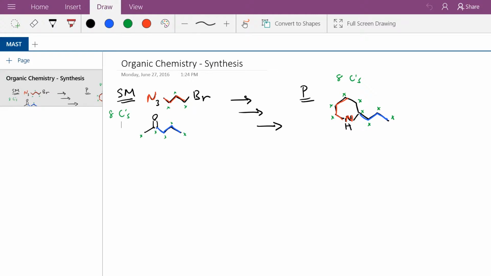Okay, so now that we have done our initial bookkeeping, let's look at how we can approach this problem. So the way I like to approach synthesis problems is to think both forwards and backwards, and we call that a forward synthesis and a retrosynthesis.